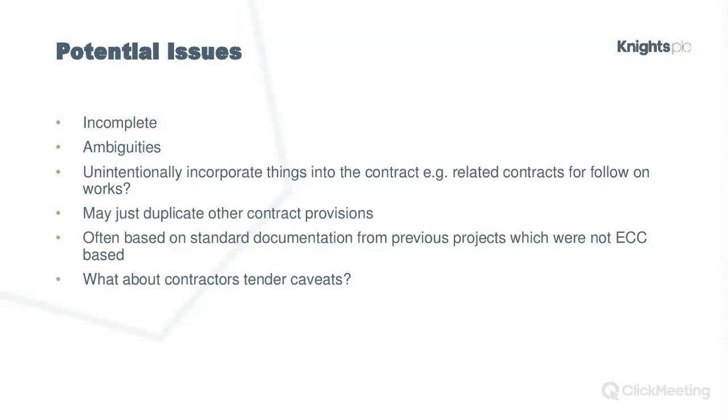But what we're seeing, I mentioned we're seeing substantial Z clauses amending NEC. And what we very much see nowadays with that kind of bundle of Z clauses of amendments is a clause that says, as we see with JCT, if there are any ambiguities within any of the documents, then it's the contractor, it's the party doing the work that takes the risk of any extra work relating to those ambiguities.